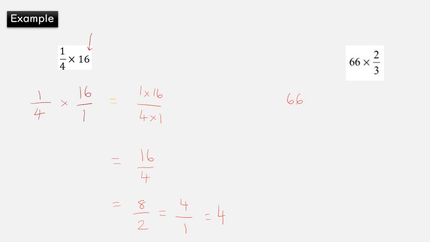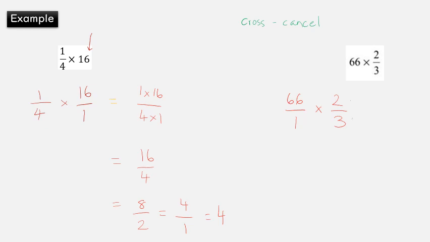66, well, to make that a fraction, remember we can put it over 1, that's 66 divided by 1, it's not changed the size. Instead of having to do big calculations, so 66 times 2, let's see if I can cancel anything. So remember, you can cross cancel. What does that mean? Well, anything on the top you can cancel with something on the bottom.